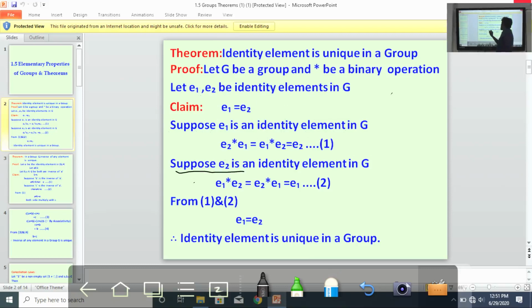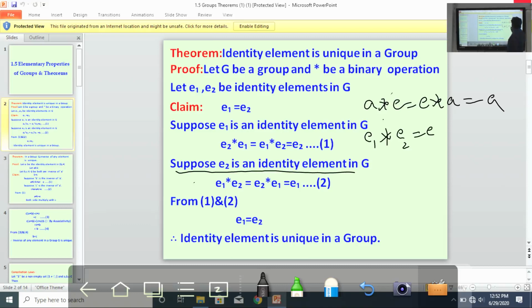Now suppose E2 is an identity element in G. Again, A star E equal to E star A equal to A. Now I take E1 in the place of A. E1 star E2 equal to E2 star E1 equal to, so what is the value?